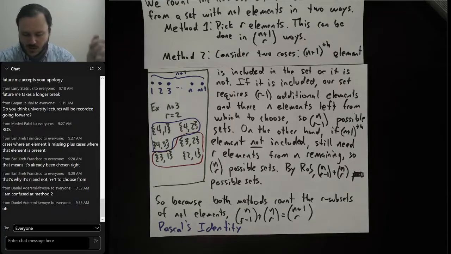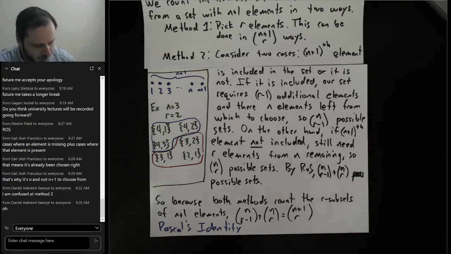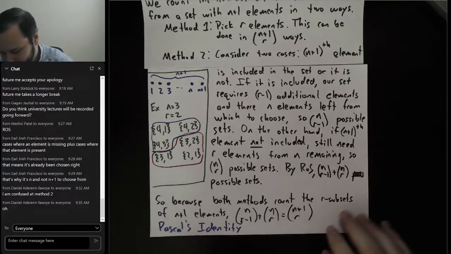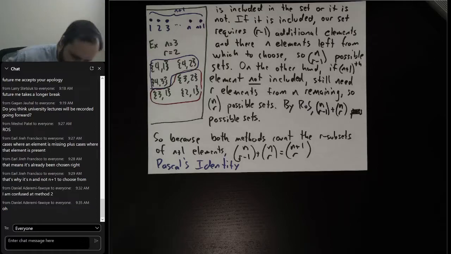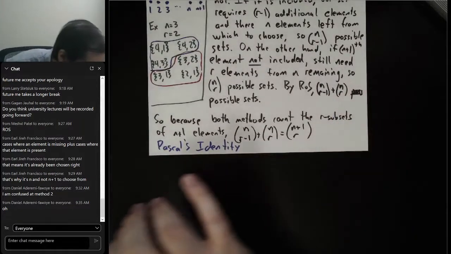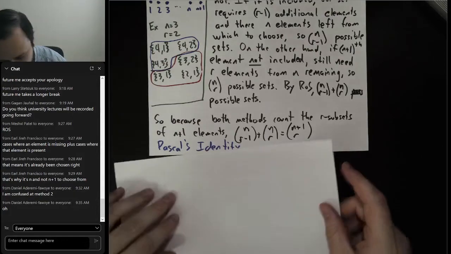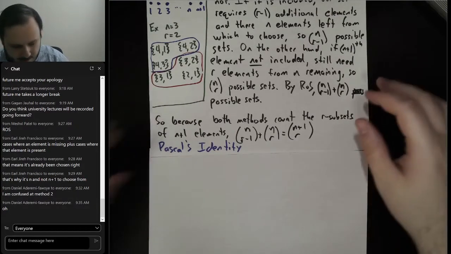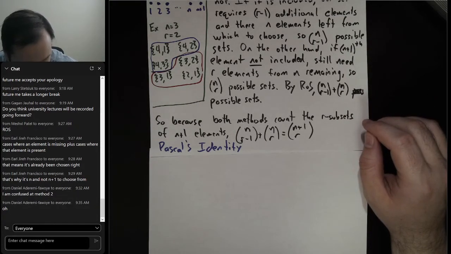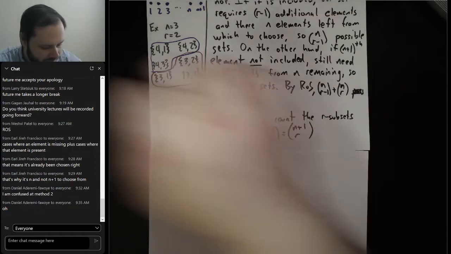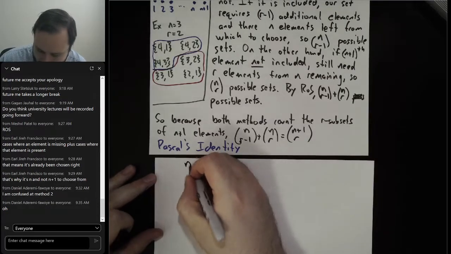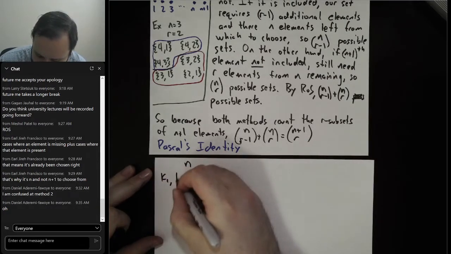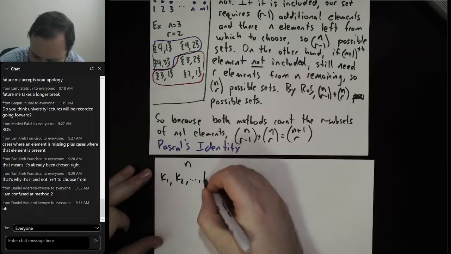Okay, one more quick thing. Well, two more things I want to talk about. One, I just want to mention quickly, in addition to the binomial theorem, we talked about the multinomial coefficient. That was our n choose k1, k2, all the way up to kj.